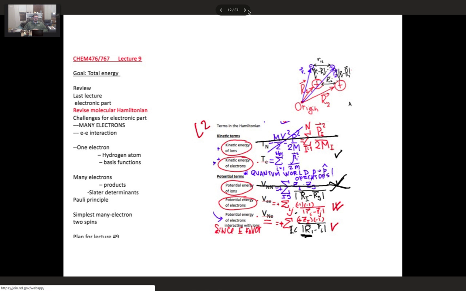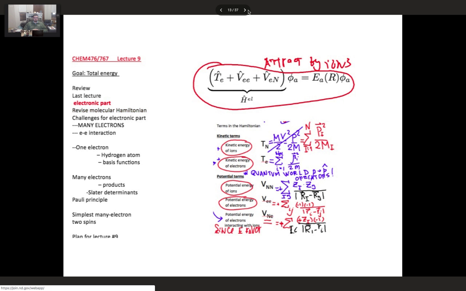Right now we can cross them out, cross out the kinetic energy of ions and the potential energy of nuclear repulsion, and keep only 3 that deal directly with electrons: their kinetic energy, the attraction between electrons and nuclei, and the repulsion of electrons. So this is the equation that we will be solving for this chapter and next chapter, so for slightly less than 2 months.